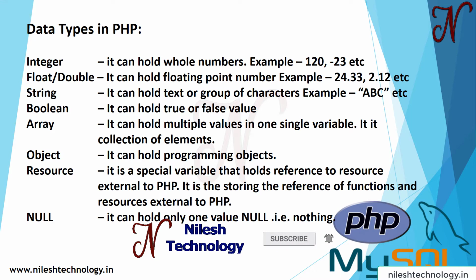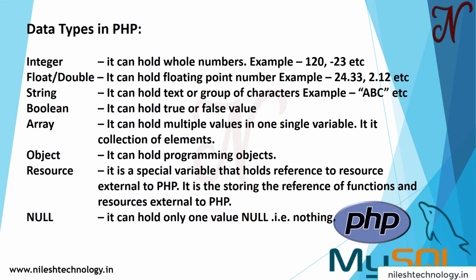Depending on the value assigned to the variable, its data type is automatically assigned. So there is no need to define the data type explicitly like in other programming languages such as C, C++ and Java. But there are data types in PHP which work internally.